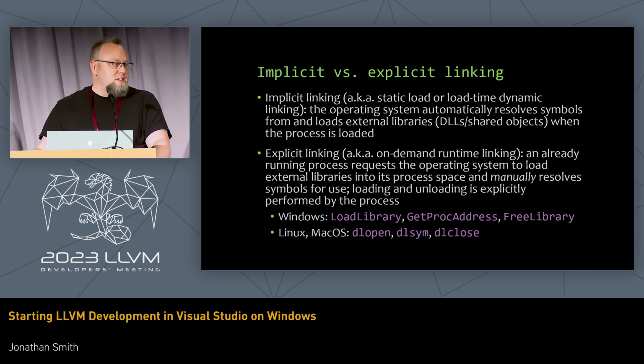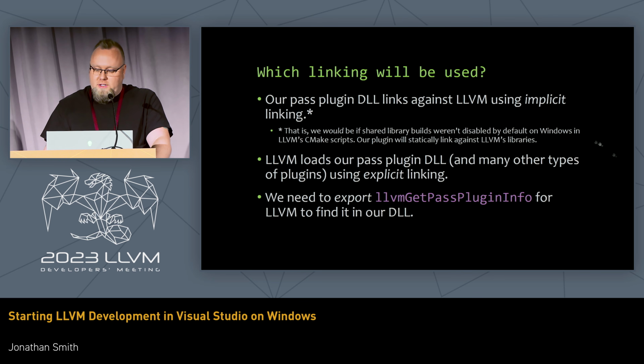Everything works. Explicit linking is when the program itself, not the loader, requests that certain functions be called or symbols be loaded and able to be used. Load library, get proc address on Windows, dlopen, dlsym, dlclose are basically analogs.